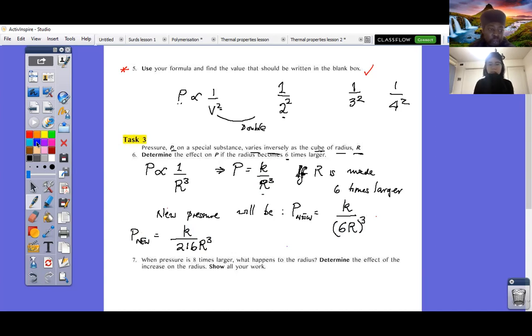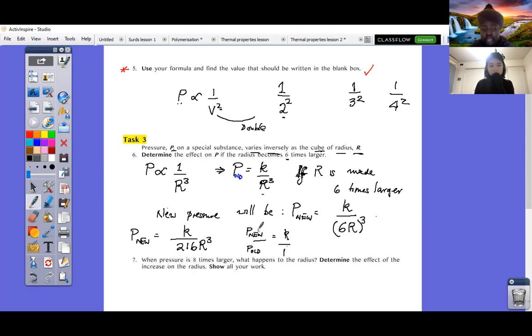And if you compare the new pressure with the old pressure, let's call this P old, because this was the old pressure when R was just R. Here we've made R 6 times bigger than R. So P new divided by P old, to determine the effect on P.